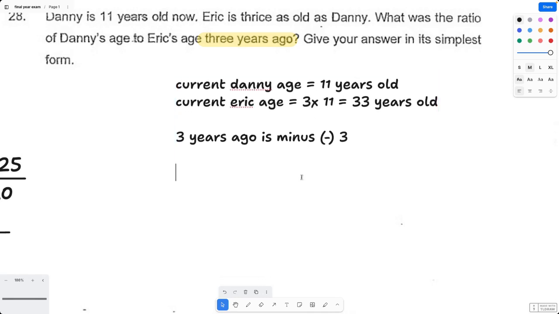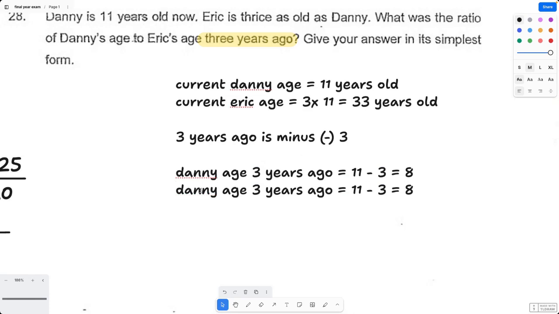Okay, so in this case, Danny's age 3 years ago is equal to 11 minus 3, which is equal to 8. And then Eric's age, so I'm just gonna write this whole thing, right? So Eric age 3 years ago is 33 minus 3, and this will give us 30.